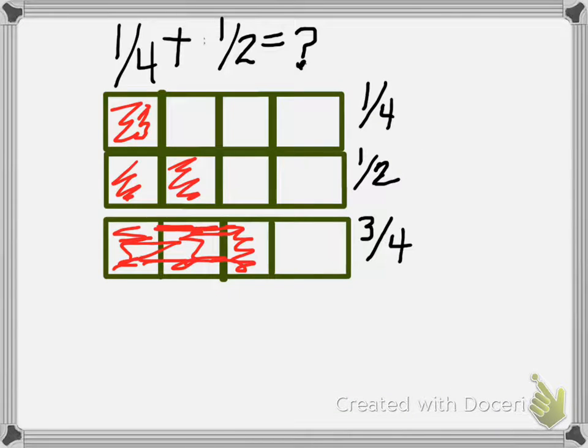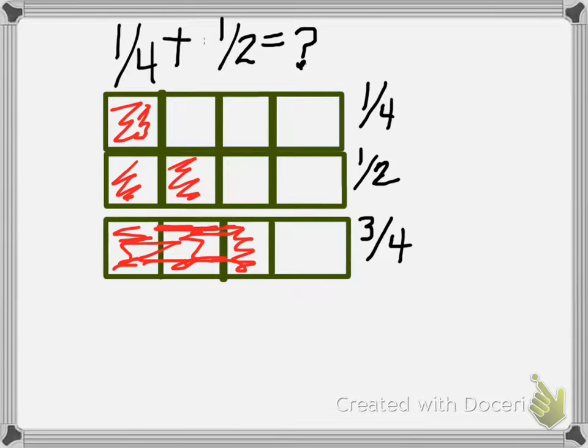Let's try another problem: 1/4 plus 1/2. First, I will draw my fraction bars and I will divide them into 4 equal sections. The first bar is divided into 4 equal sections, and I've shaded in one part of this.